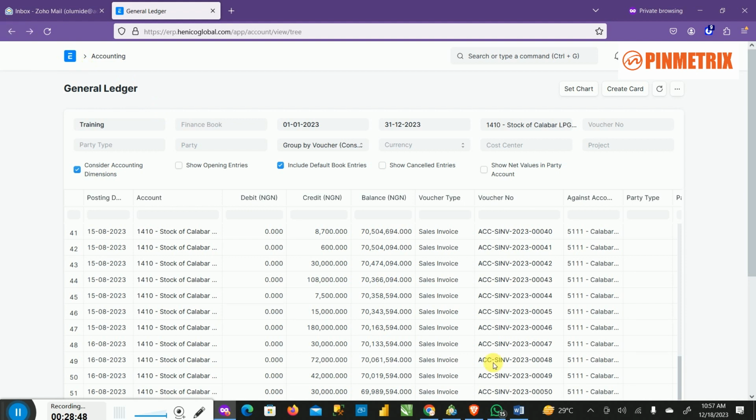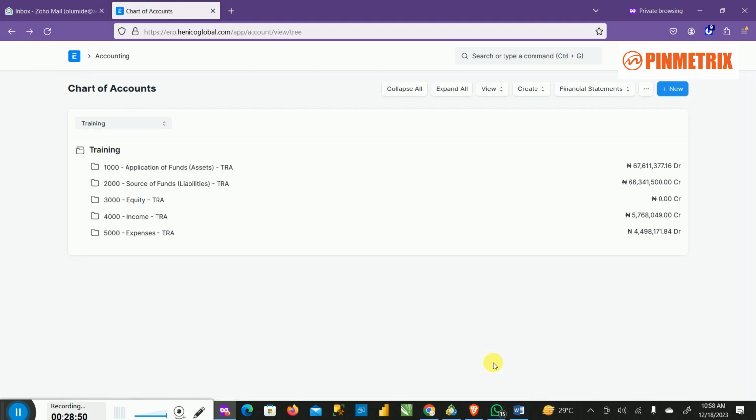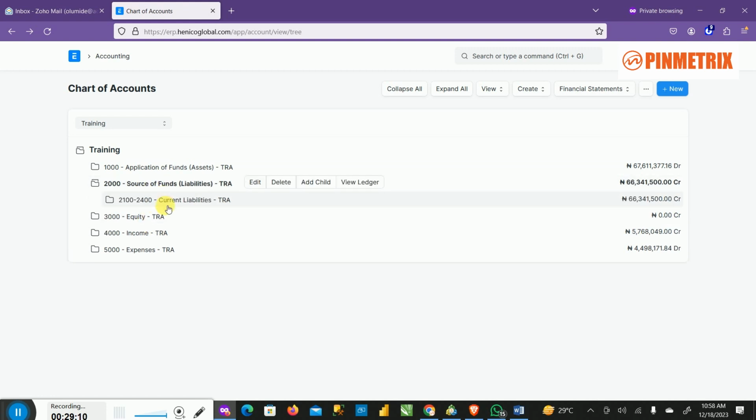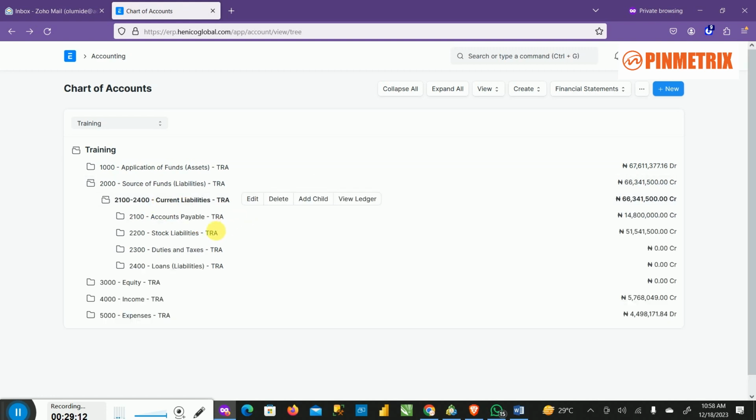So let's check the credit aspect. Because those ones have balances and had some transactions on them before, you would now need to start tracing that. But let's look at the liability account for it.